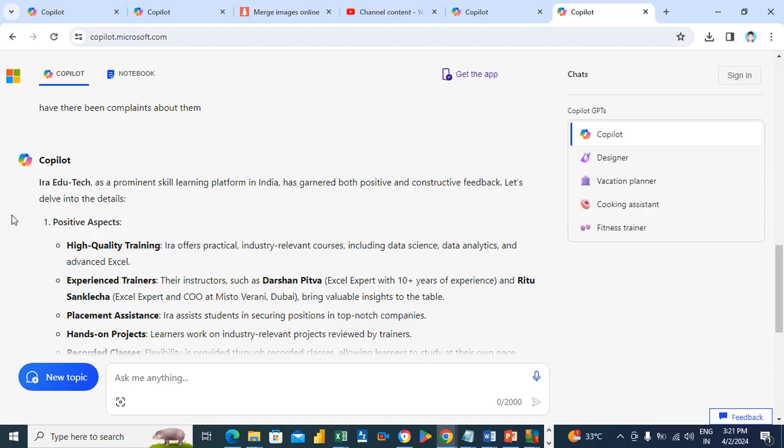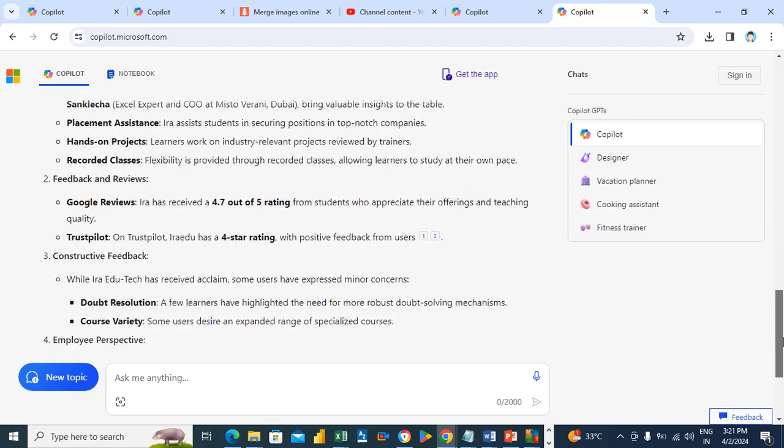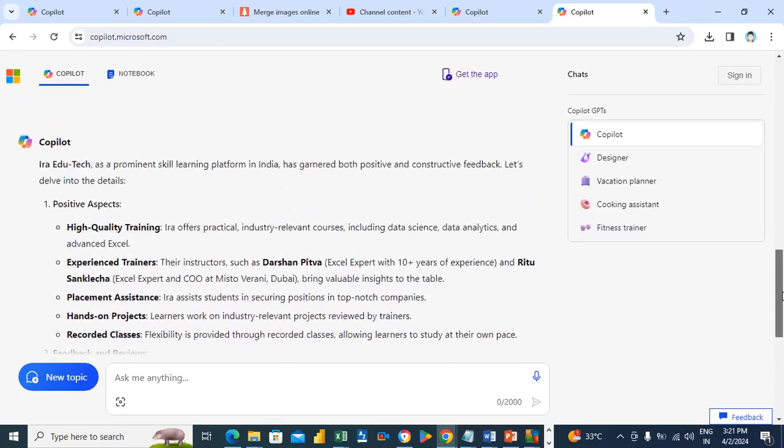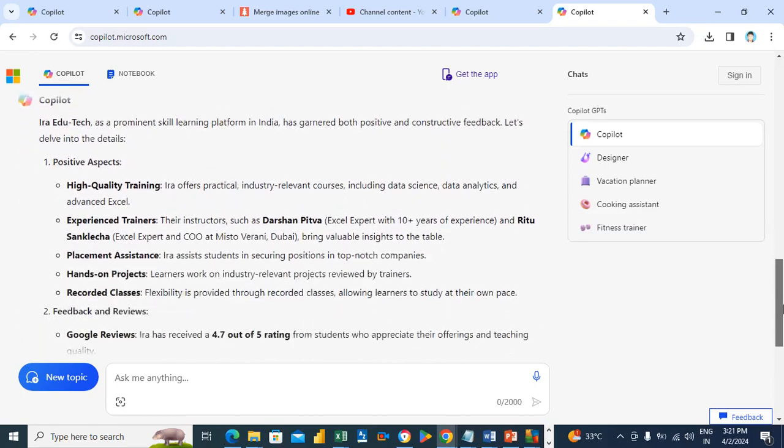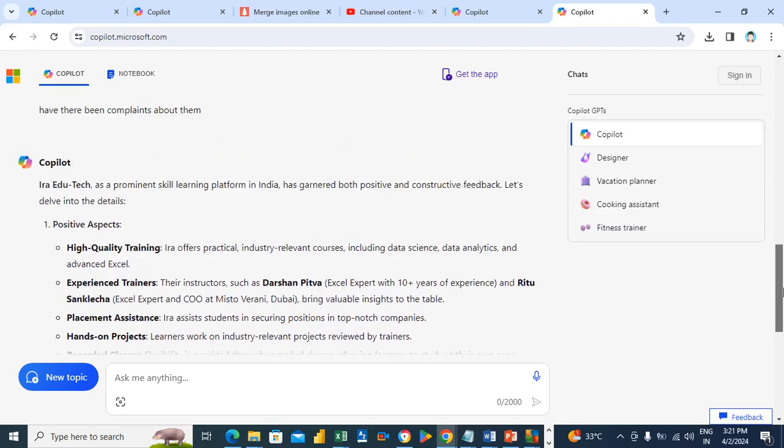But what we can agree upon is that if the majority of people are happy with a particular product or service, then we can agree that it's genuine, it's good, and we can conclude that yes, this is a good and wonderful product or service. So that's what we always have to look at: what does the majority have to say?